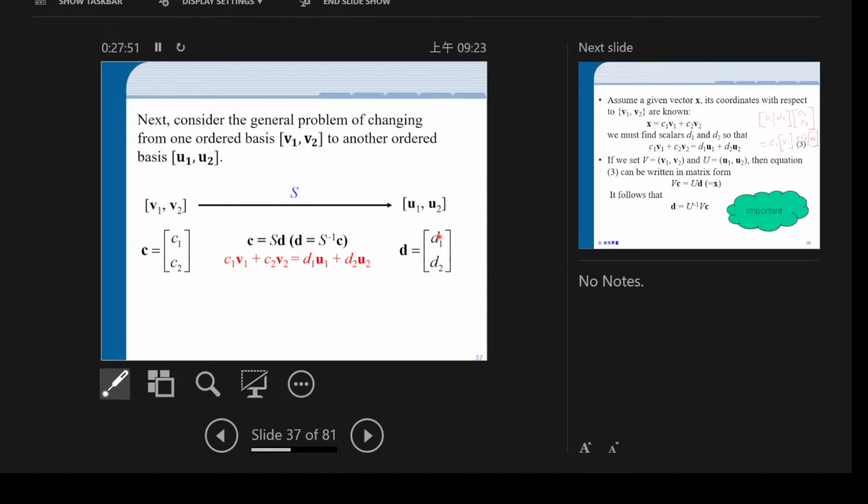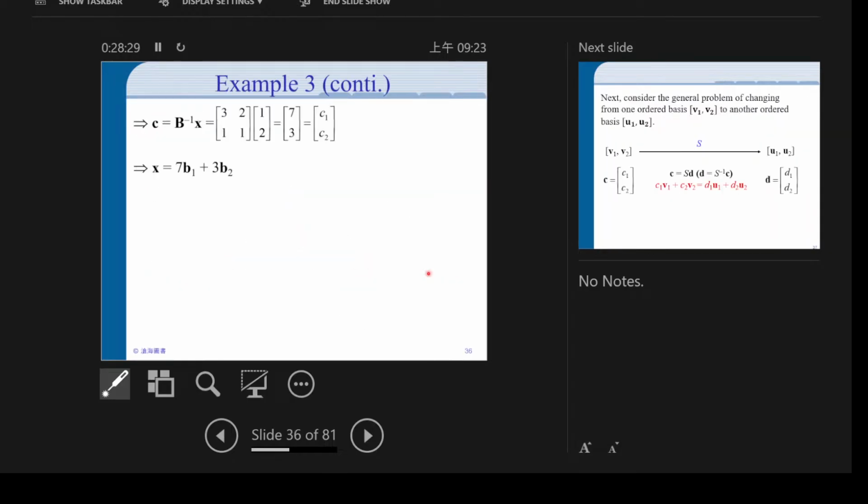And once again, it's easier to write down this equation. We know we want this c1, c2. Now, we want the vector that has coordinates c1, c2 in terms of those v, and also coordinates d1, d2 in terms of those u. And this means that this linear combination of v with c1, c2 will equal this linear combination of u with d1, d2. And that means, I guess I should really do this on one page.